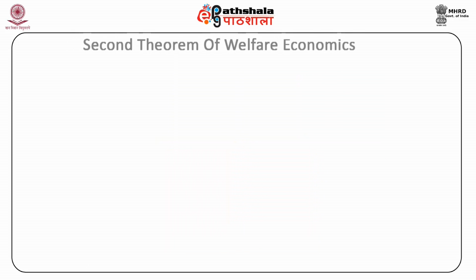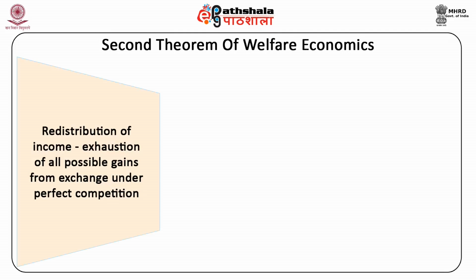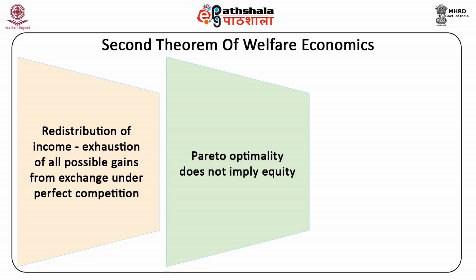This means that whatever redistribution of income that society wants would lead to the exhaustion of all possible gains from exchange under perfect competition. Pareto optimality does not, therefore, imply equity.